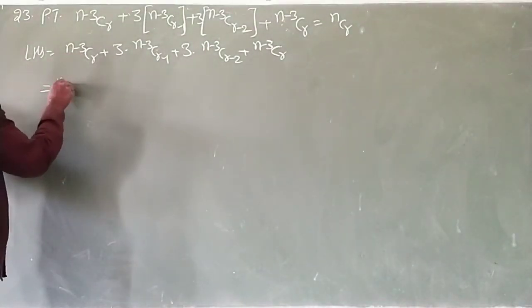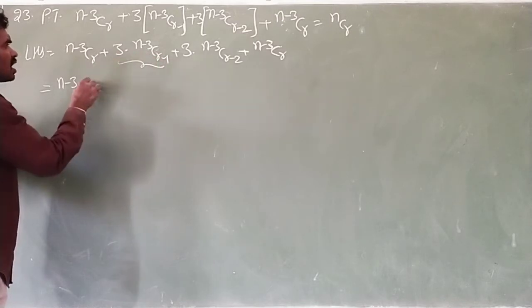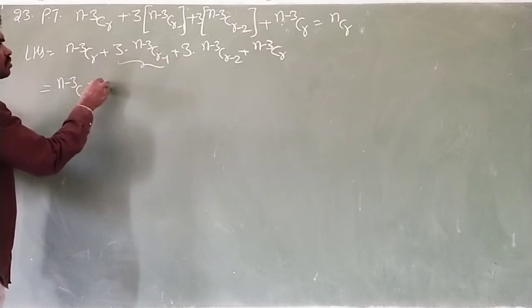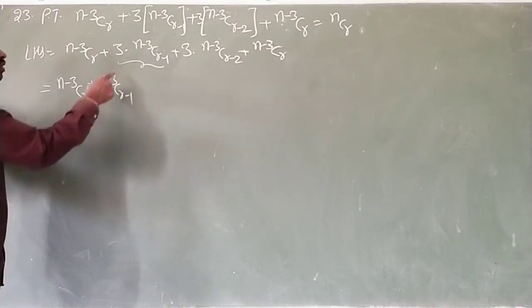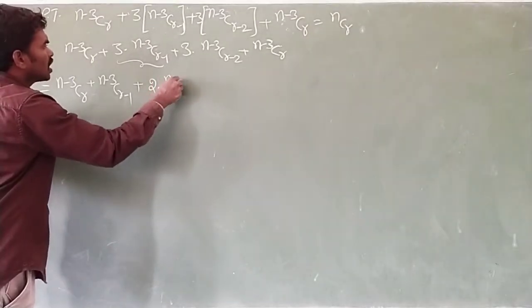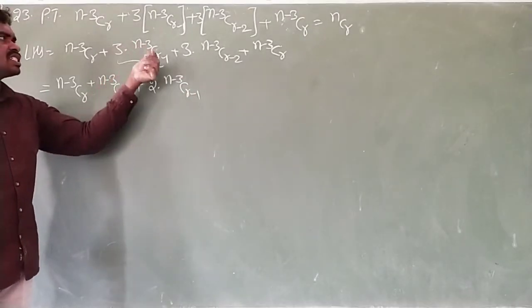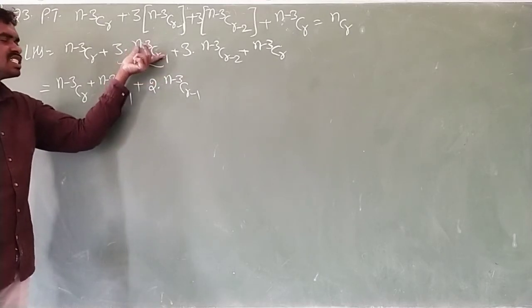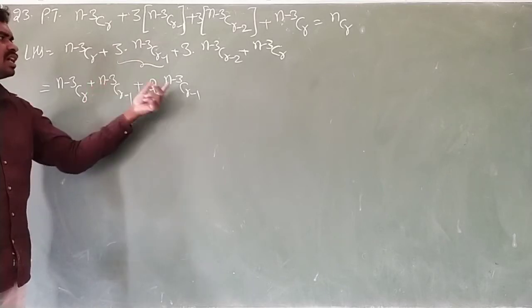So I am splitting it as n minus 3 Cr, one term. From these 3 terms, I am taking one term, that is n minus 3 Cr minus 1, and the remaining are 2 into n minus 3 Cr minus 1. 3 into n minus 3 Cr minus 1 means 3 such terms, so I have split it as one term and 2 terms.